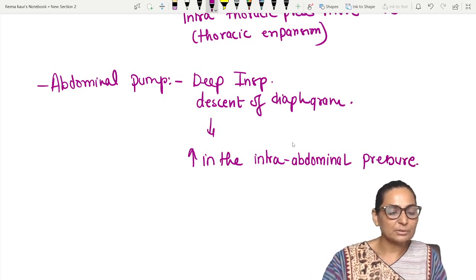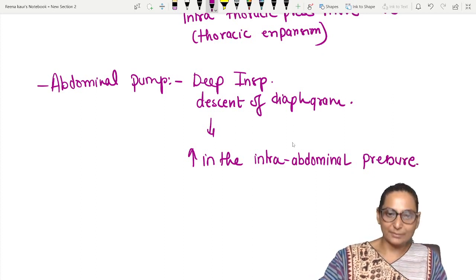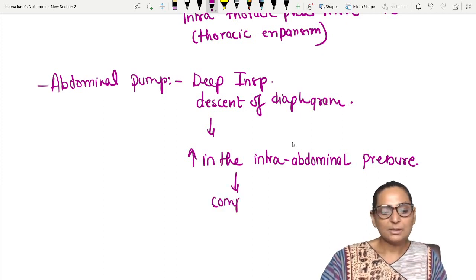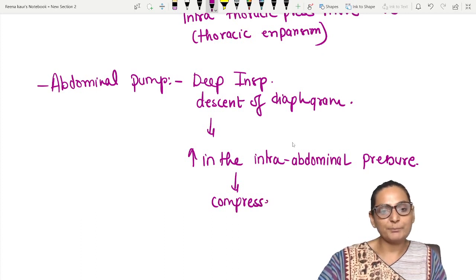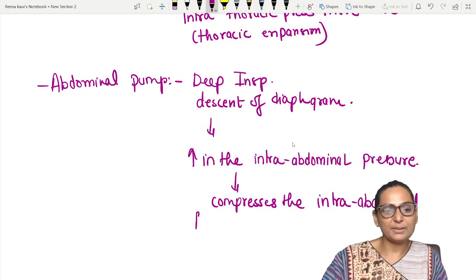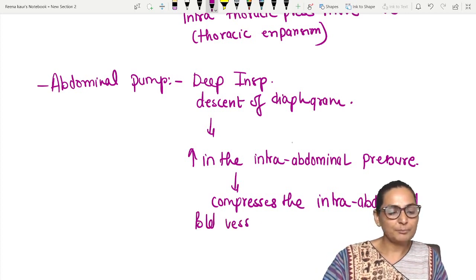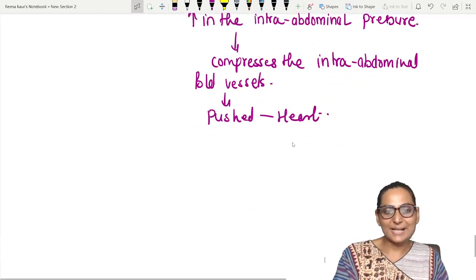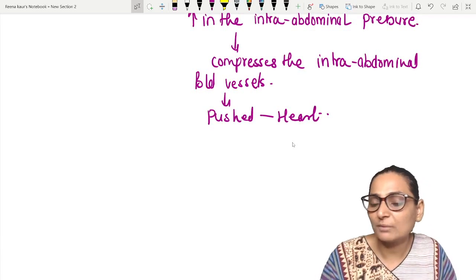As this intra-abdominal pressure rises because of the descent of the diaphragm, it compresses the intra-abdominal blood vessels, and again the blood is going to be pushed towards the heart. So this is the thoracic pump and the abdominal pump, and both of them work more when there is inspiration.